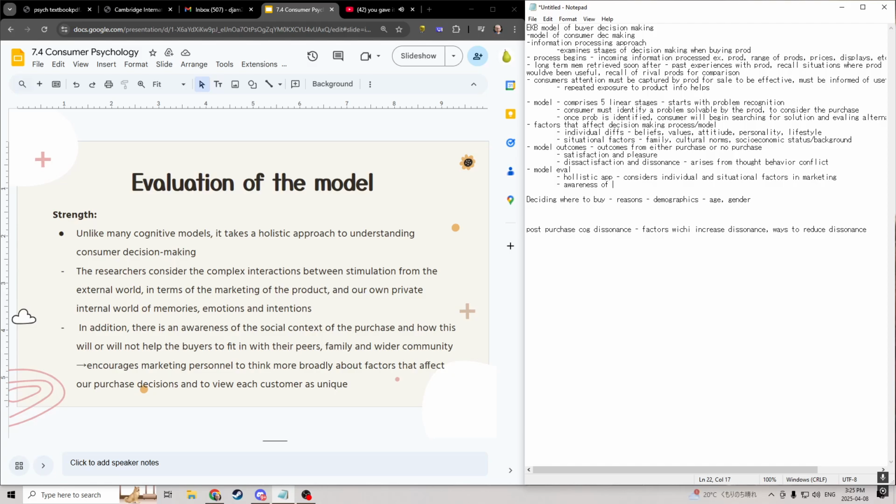Well, that's already both. Helps marketers view each customer as unique.